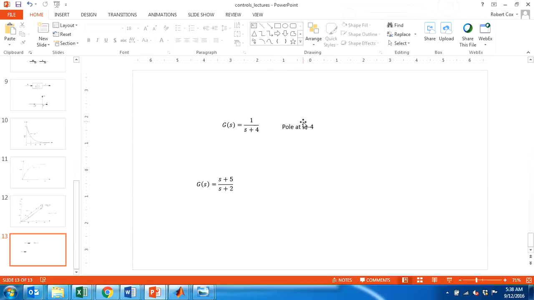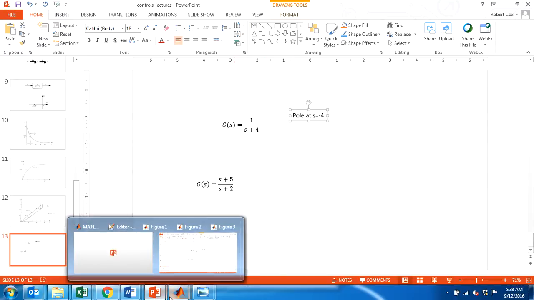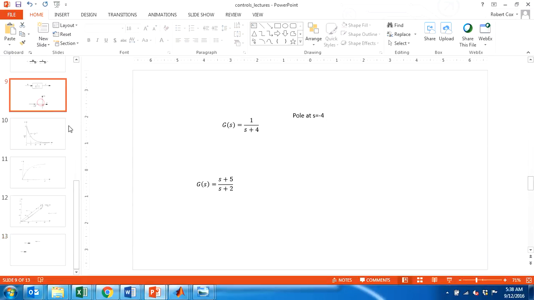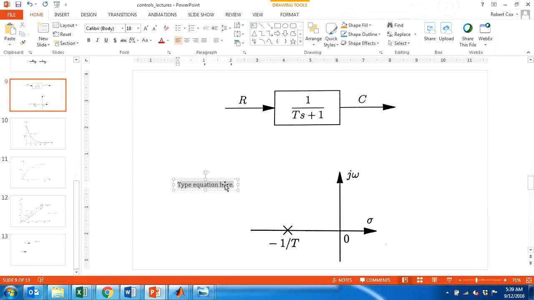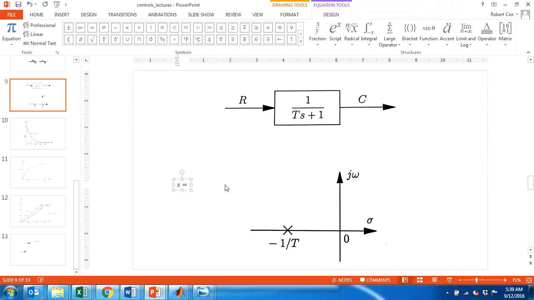I want to explore this because, remember, when I look at the S-plane, and let me bring back up the S-plane here, what I see, very importantly, is that s is a complex valued variable.